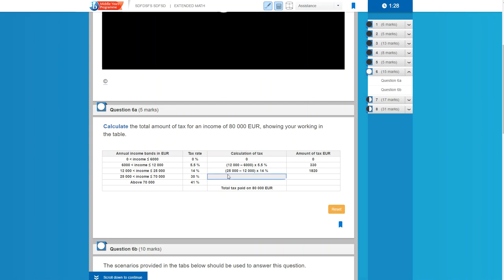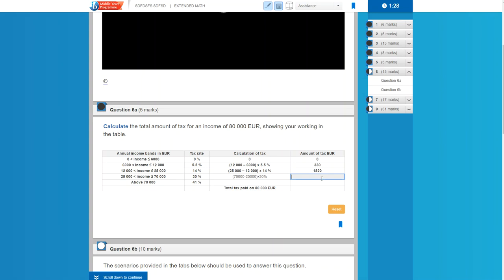Okay, so this amount is how much are they getting? How much of their income is being taxed here between 25 and 70? 70 minus 25. 70,000 minus 25,000. Right, good. 70,000 minus 25,000, and that is being taxed at 30%.